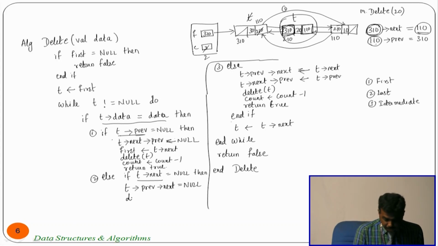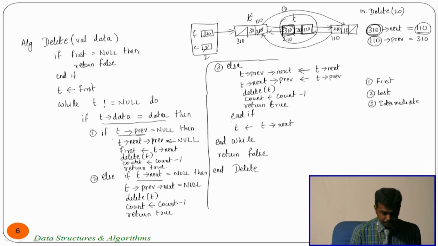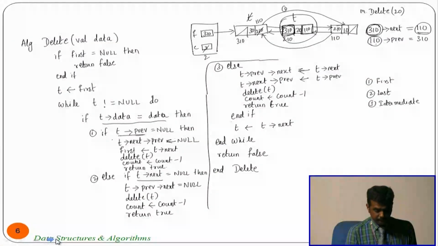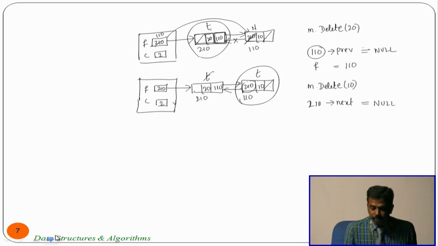Then delete T, then count equals count - 1, and then return true. So these are the three cases we have discussed.